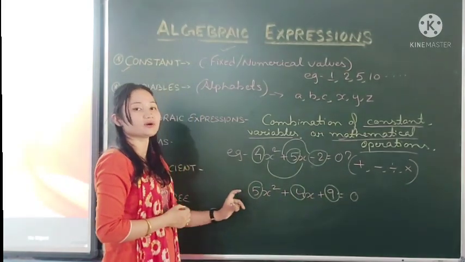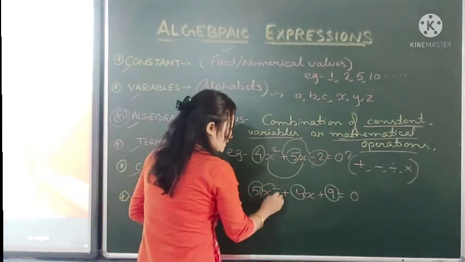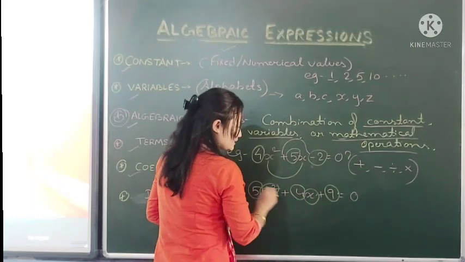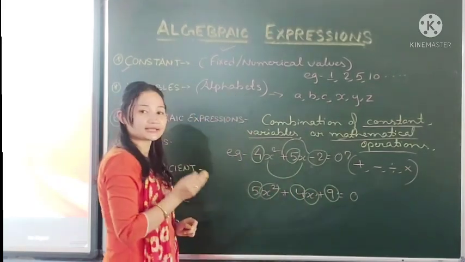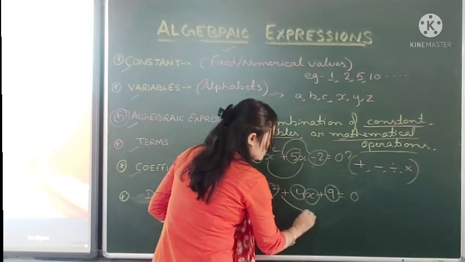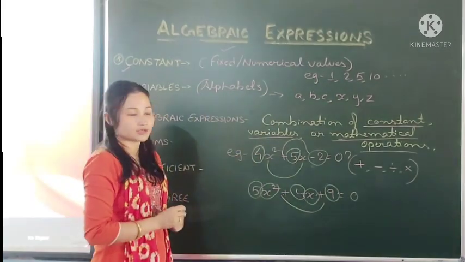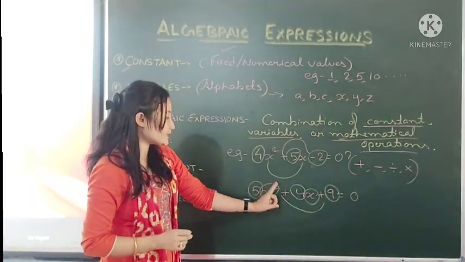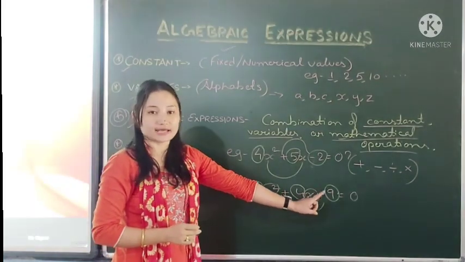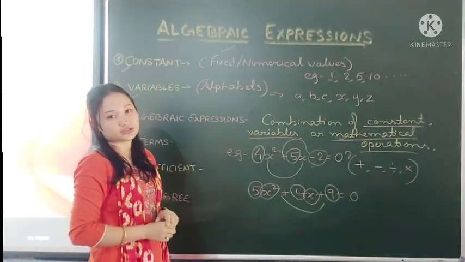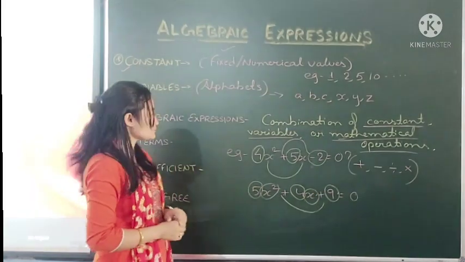These three numbers are constants, and x square and x are variables, and along with constants and variables we have a mathematical operation, that is plus. So we can say 5x square plus 4x plus 9 is also an algebraic expression.